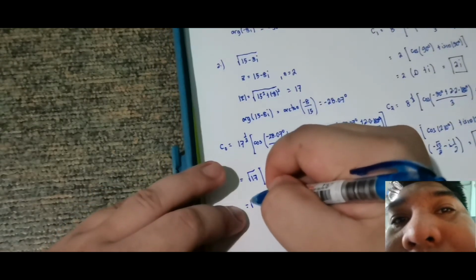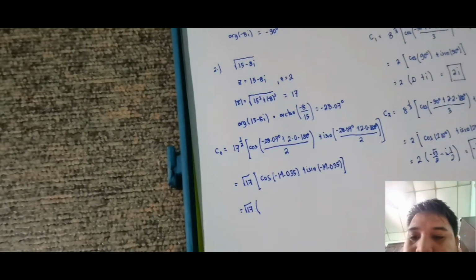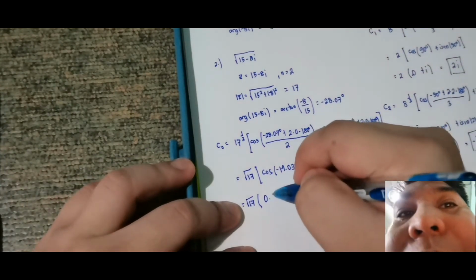Next, this is equal sa square root of 17 multiplied by cosine ng negative 14.035, that's 0.97.